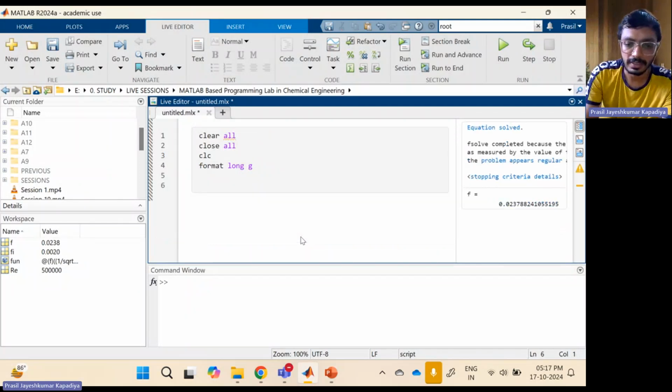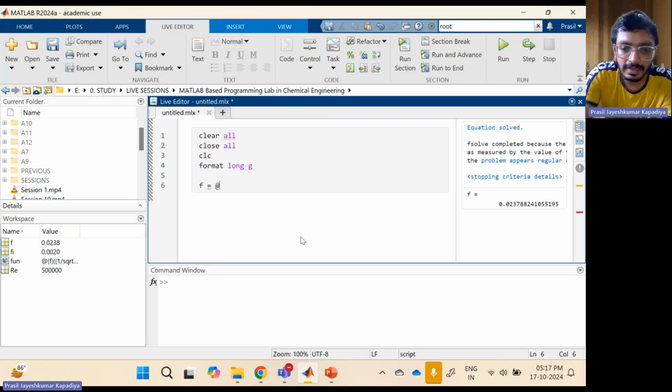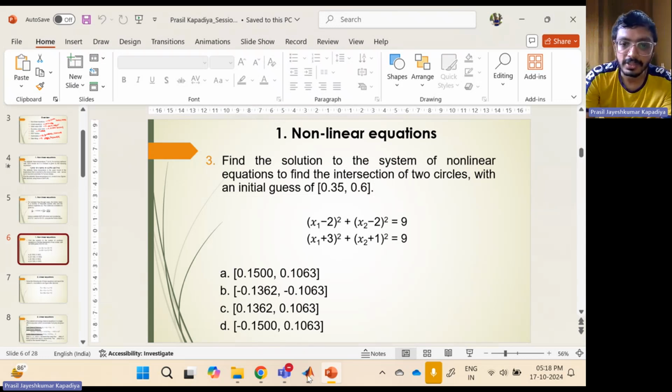So for coupled equations, I can write, let's say, f is equal to at the rate of x. Now I will first define my first equation, x1 minus 2 whole squared.